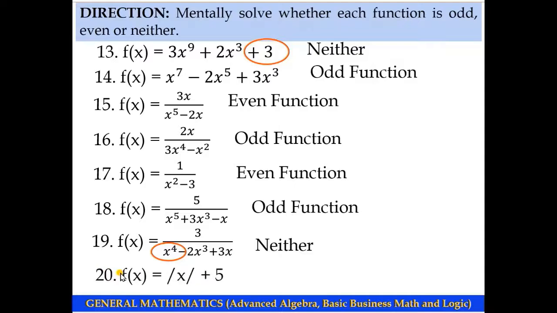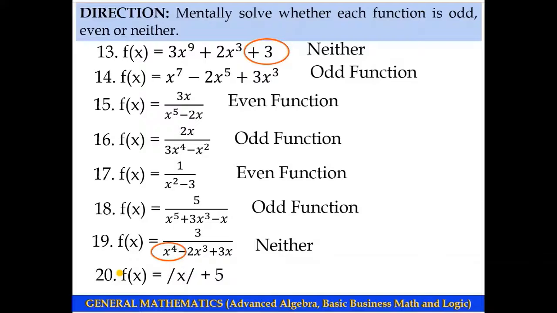Number 20, and this is the last number. F of x is equal to absolute value of x plus 5. Now, absolute value function has a graph which is a V shape, either opening upward or downward. And this absolute value function has the vertex.